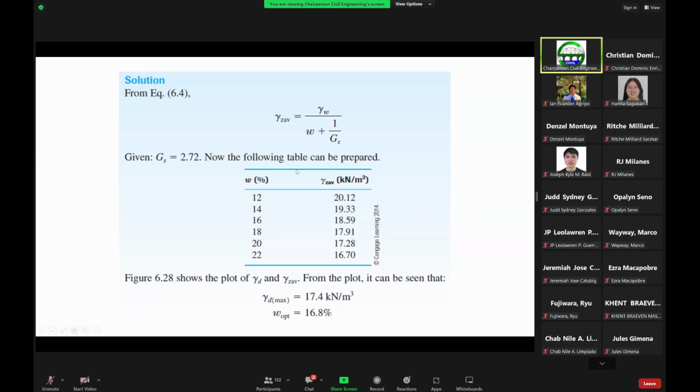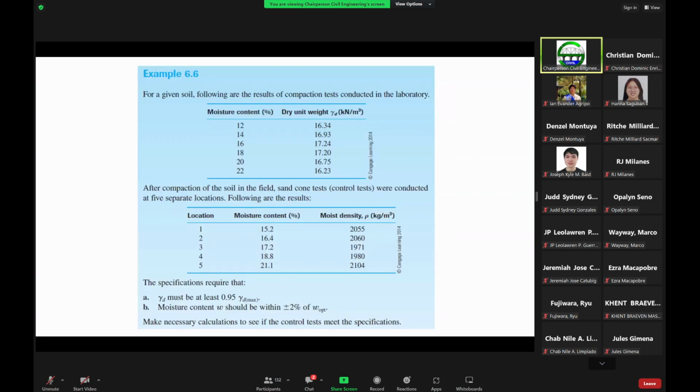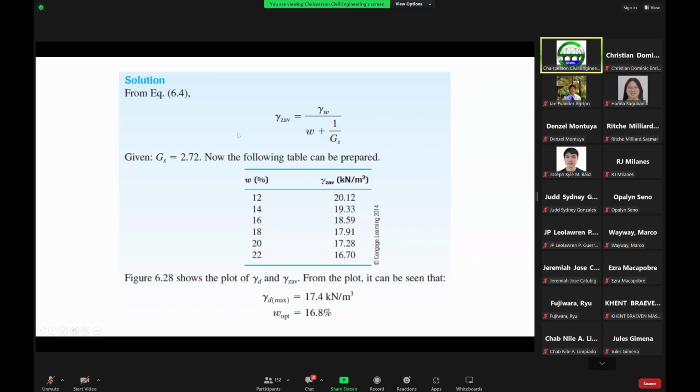Then we can prepare a table with respect to the given water content. That's this one, the moisture content with respect to the zero air void unit weight. Now, using this formula here, as discussed earlier.